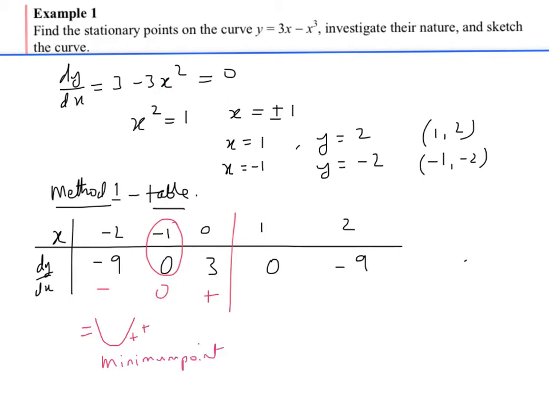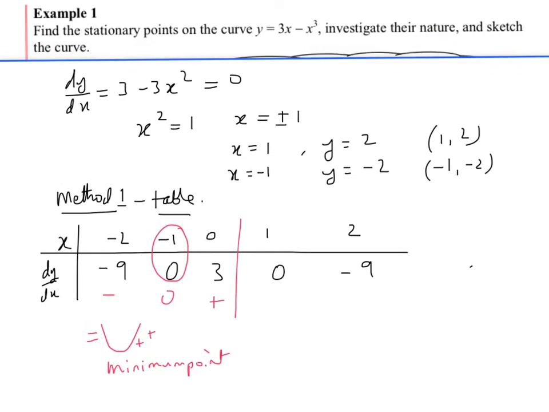Now if we look at the other side, if we look at our stationary point over here, where x equals 1, on either side we have firstly a positive, we then have a 0 gradient, and then a negative gradient.